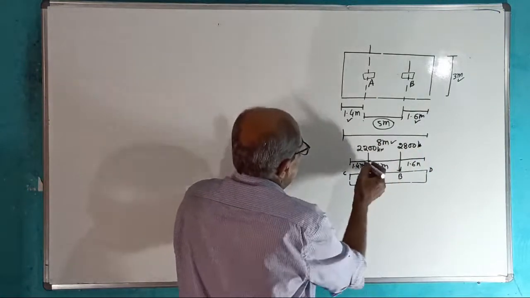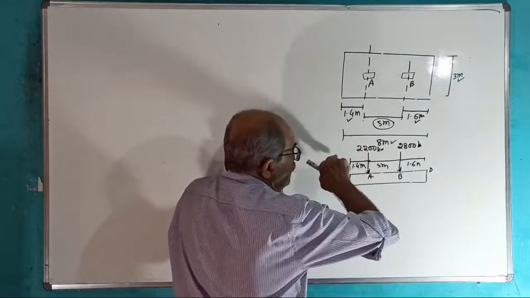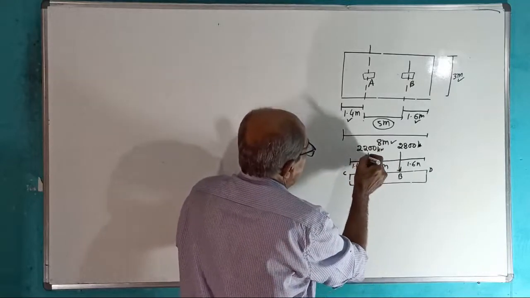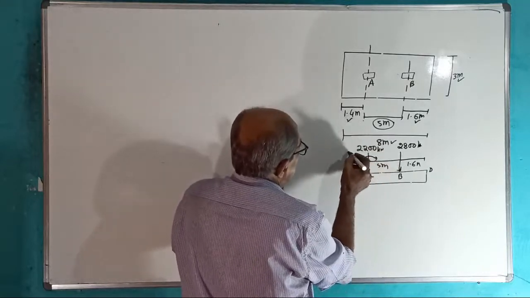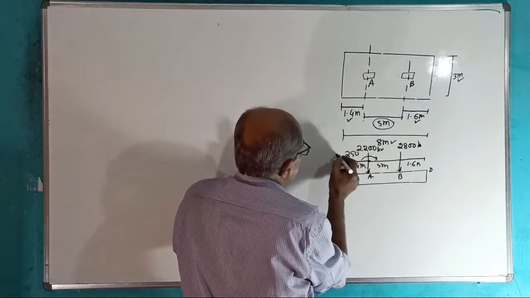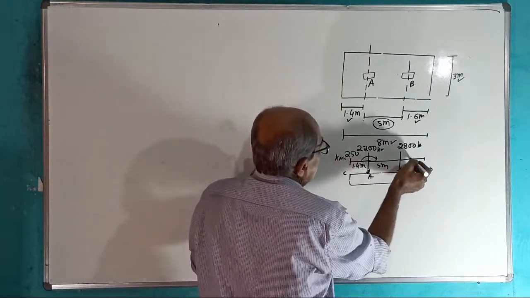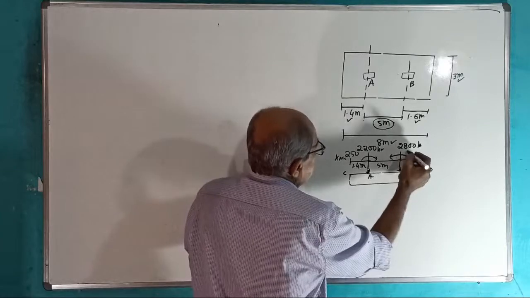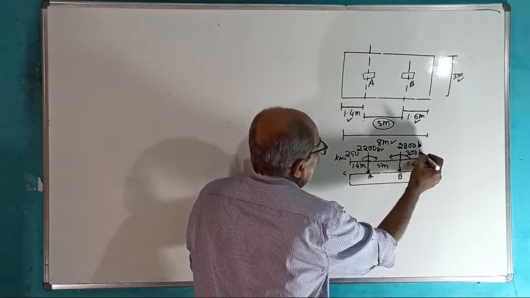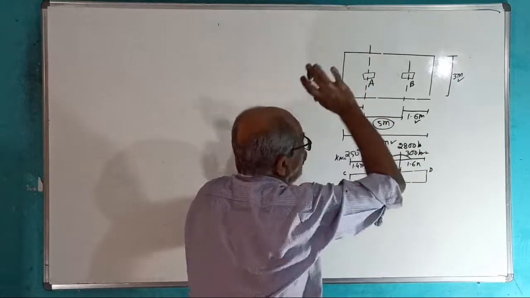Then there is a moment here transferred from column to footing, clockwise, of 250 kilonewton meter. Here, anti-clockwise, a little more, 300 kilonewton meter. This moment I don't require.